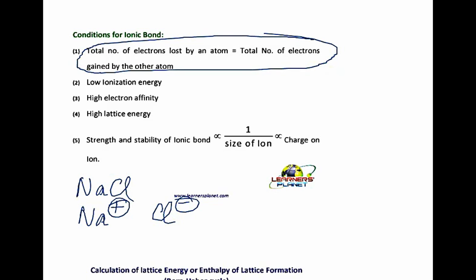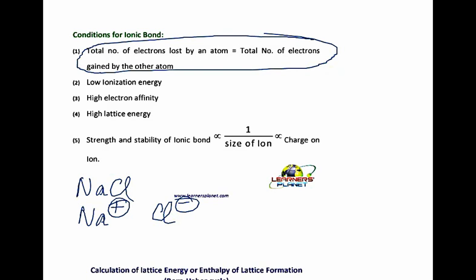There is loss of one electron by the sodium to form the Na+ ion, and also gain of one electron by the chlorine to form the Cl- ion. So the first condition is fulfilled.